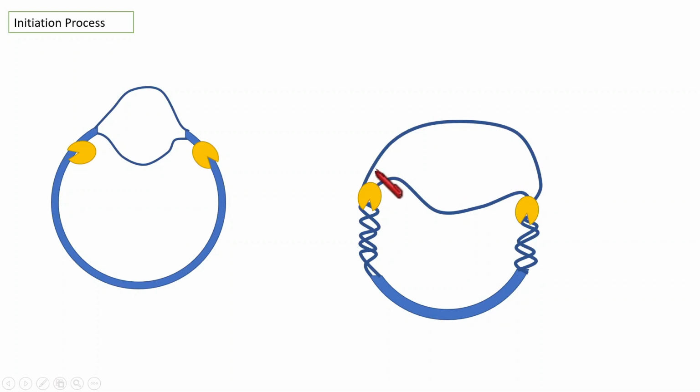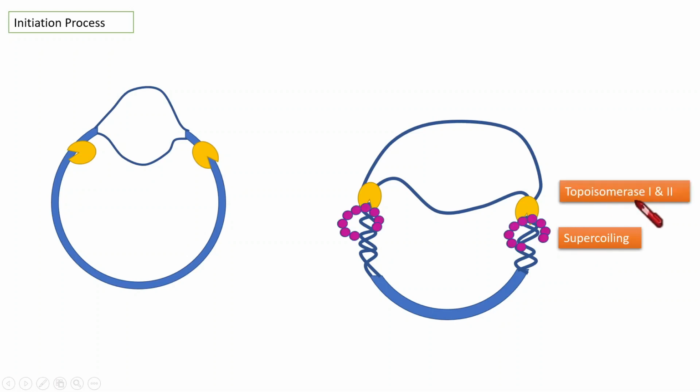And because of this unwinding process, the area in front of this DNA helicase undergoes supercoiling because of the untwisting done by DNA helicase. Then what can relieve the supercoiling? That can be done with the help of another enzyme called topoisomerase 1 and 2.